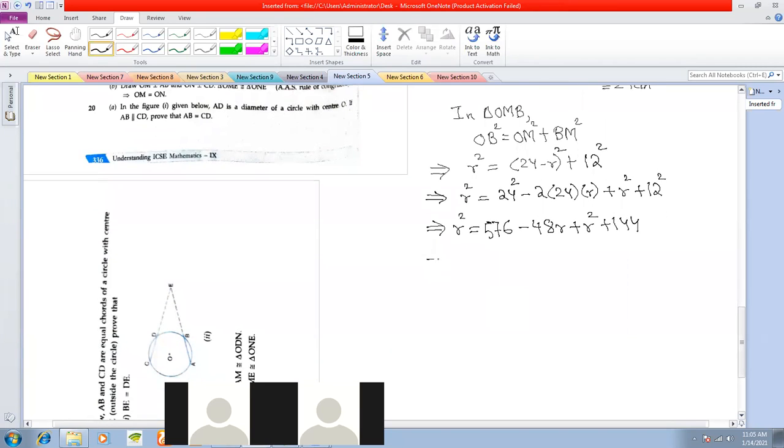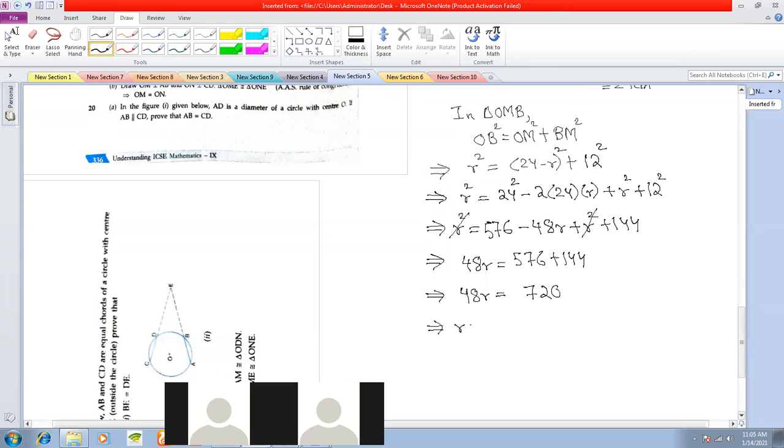So now here what happens is that R square and R square will cancel from both sides. We are only left with 48R is equal to 576 plus 144. So 48R is equal to 720.